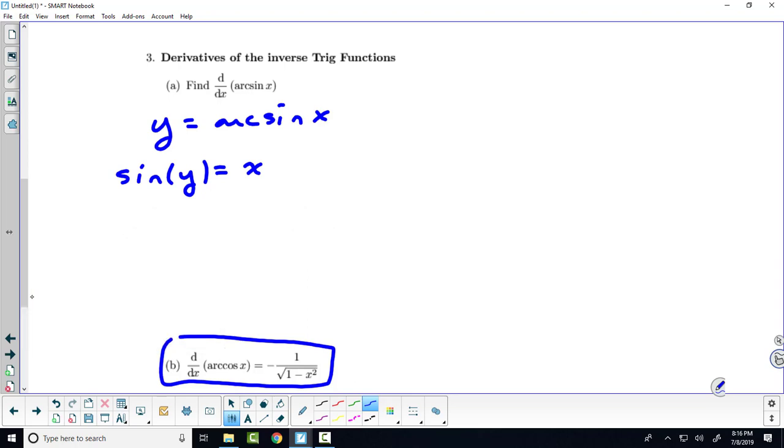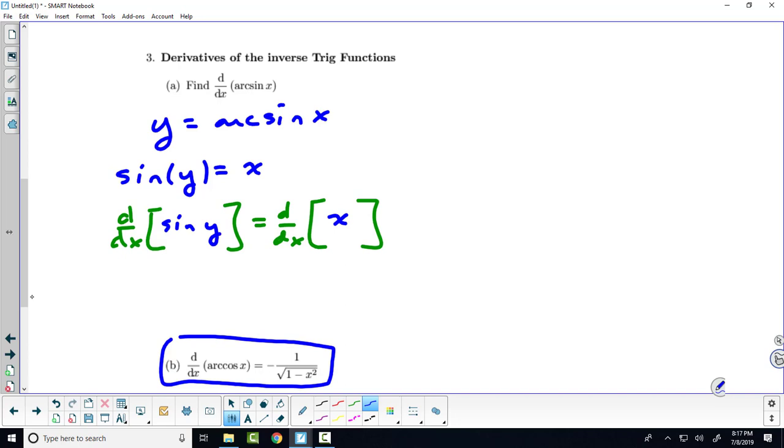Now I'll implicitly differentiate both sides. So let me take the derivative of both sides with respect to x. The derivative of the sine of an expression is the cosine of that expression times the derivative of that expression by the chain rule.